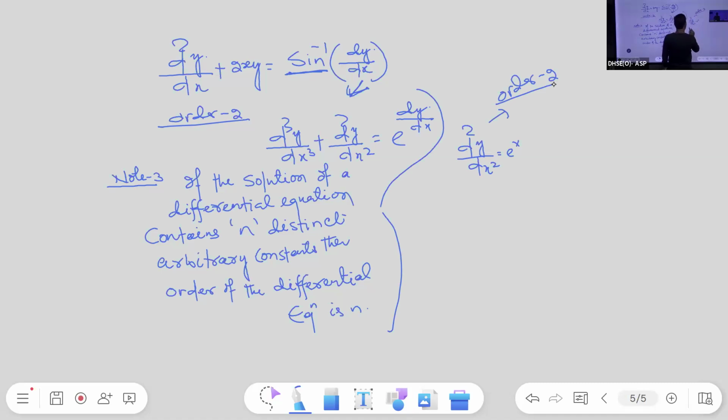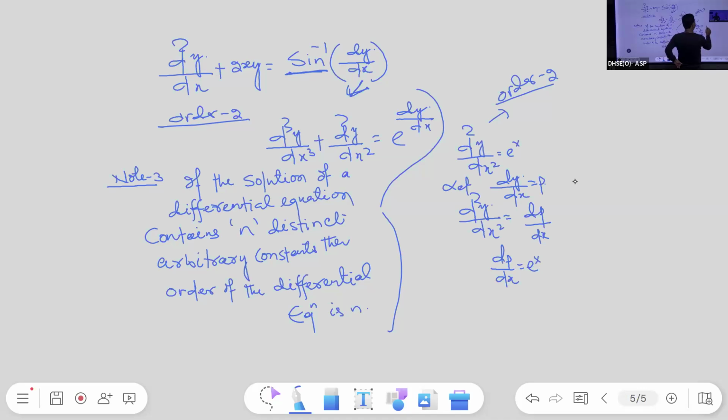Now solve it. Let us assume dy upon dx is equal to p. So taking derivative of both sides, d square y upon dx square is equal to dp upon dx. So dp upon dx equals e raised to the power x.